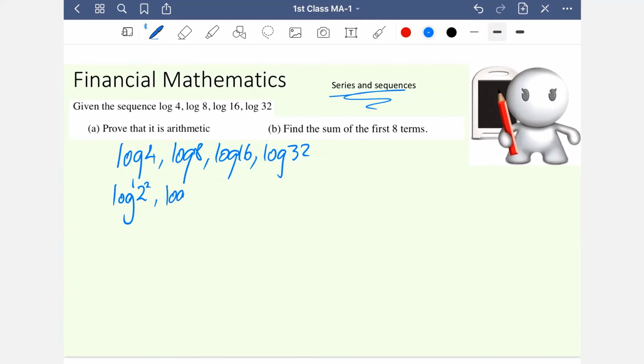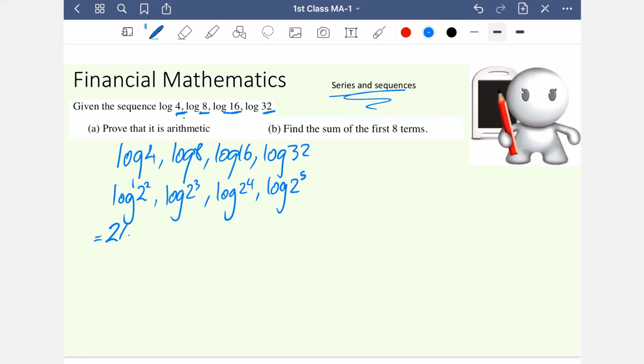The log of 8 is 2 cubed. The log of 16 is 2 to the power of 4, and then the log of 32 is 2 to the power of 5. I made that link straight away, that they are all related to the base of 2.